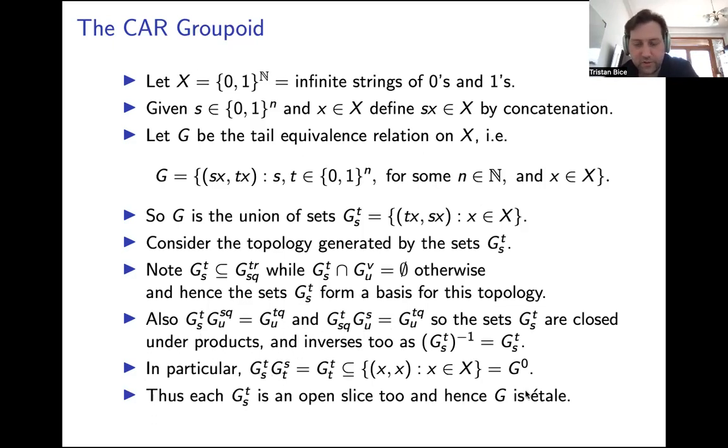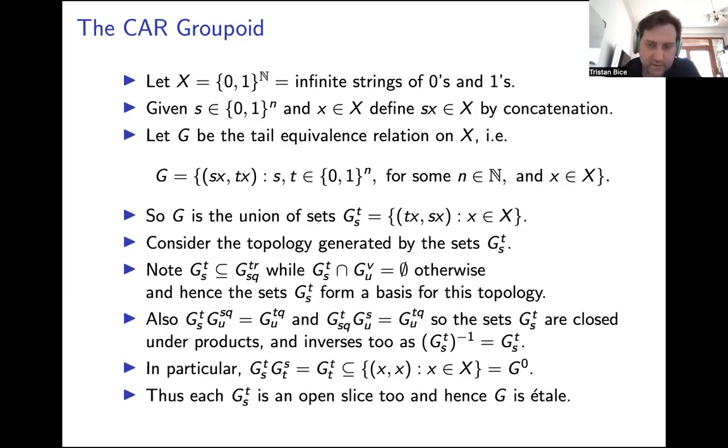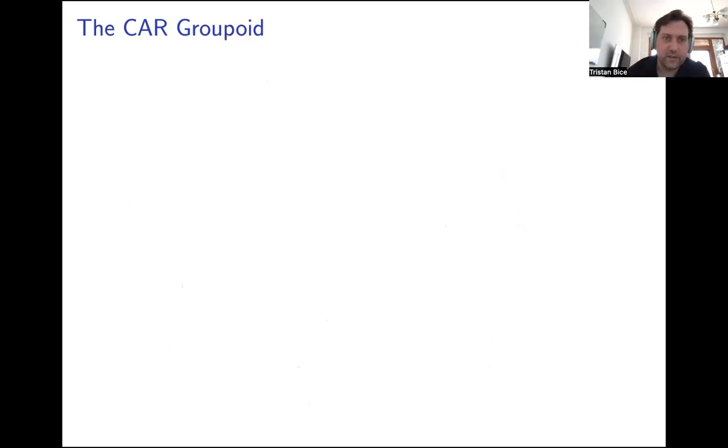Therefore, by that equivalent notion, that result I had a bit earlier, G has to be an Étale groupoid. And this is, I think, a nice non-trivial example of an Étale groupoid. It's not a group, it's not a space, it's some interesting thing in between. And indeed, it defines a quite important C-star algebra, as we will get to eventually.